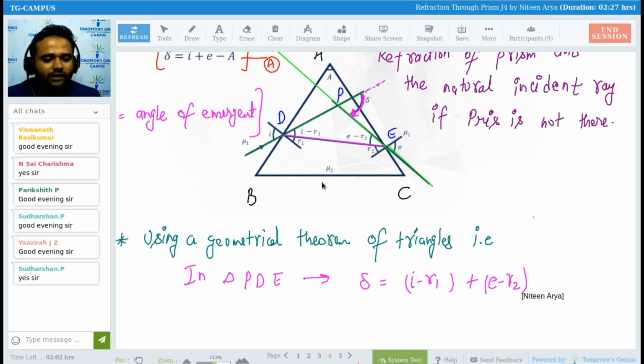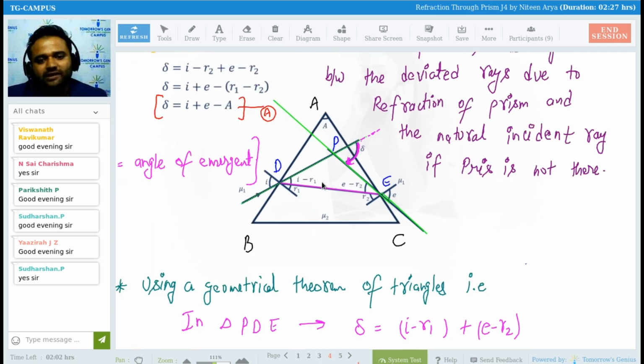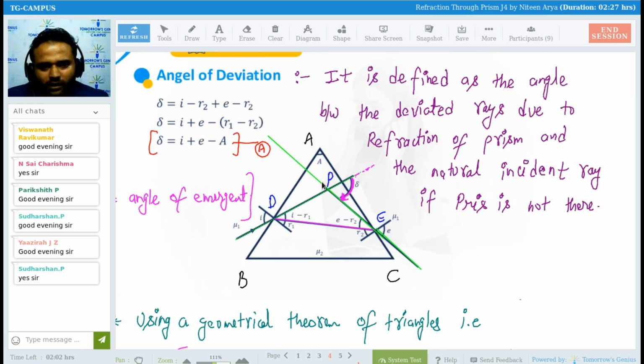Simple. That is one case. Now I minus R2 plus E minus R1, that is going to be the other. Clear, everyone?